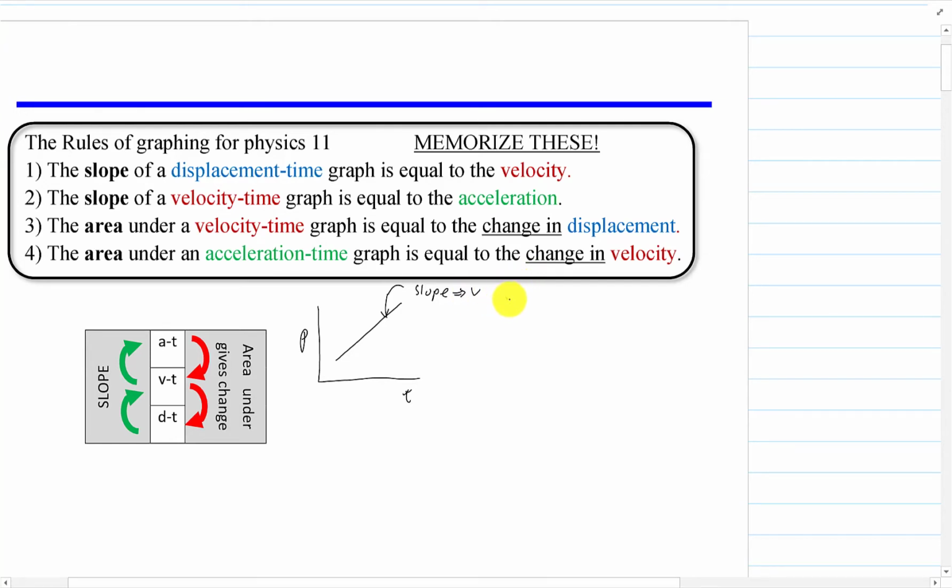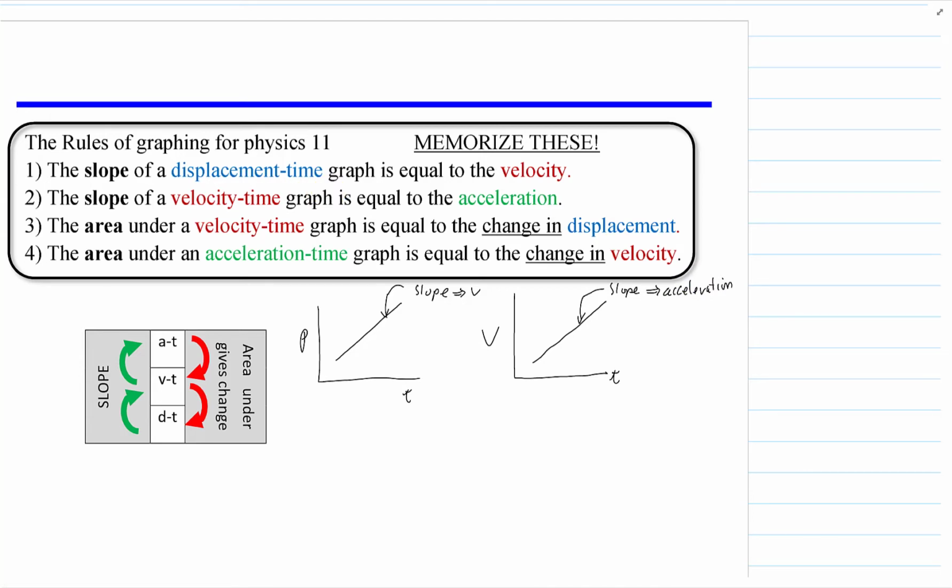Okay, that's rule 1. Rule 2, if we have a velocity time graph, the slope of this gives us the acceleration. Okay, that's rule number 2, the slope of it.